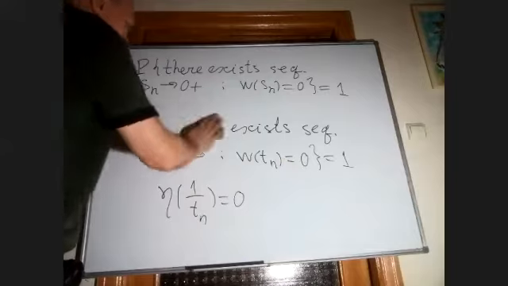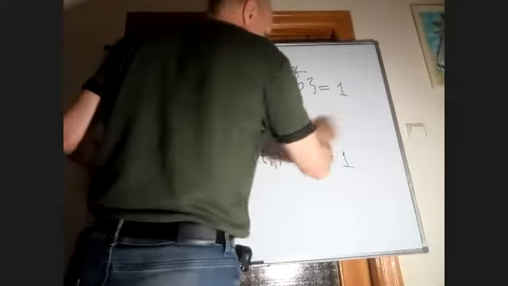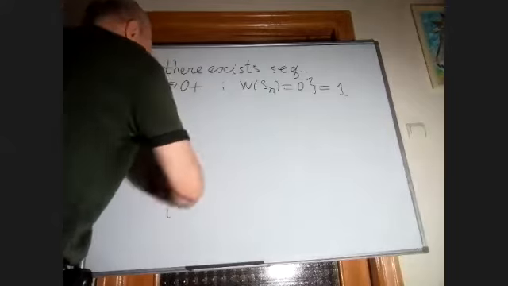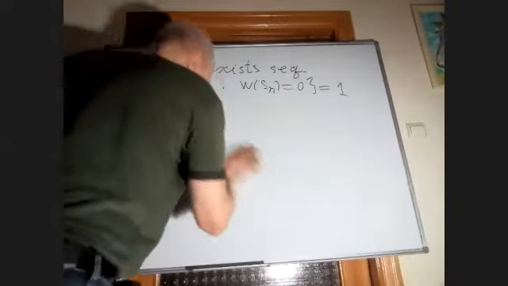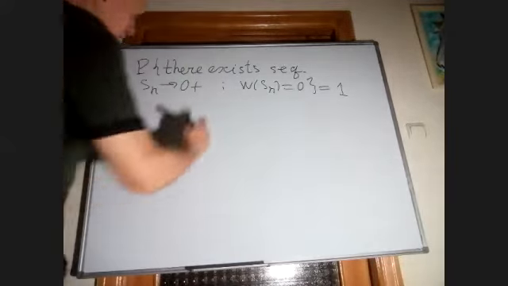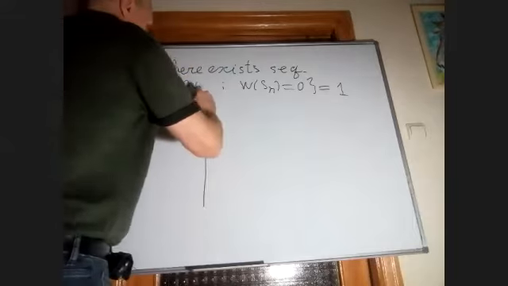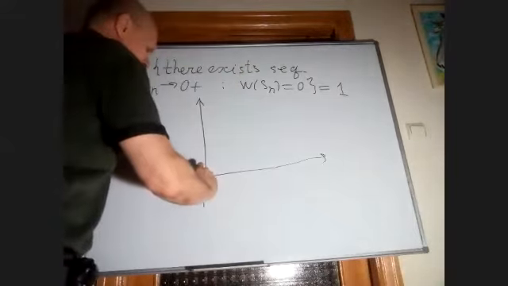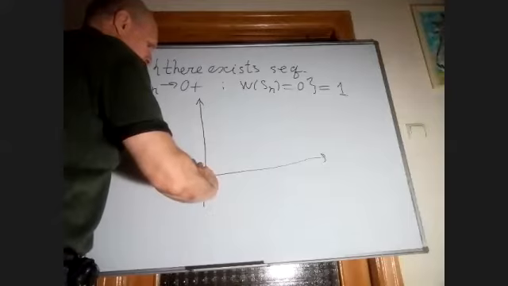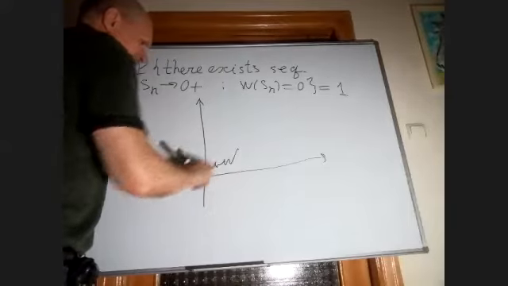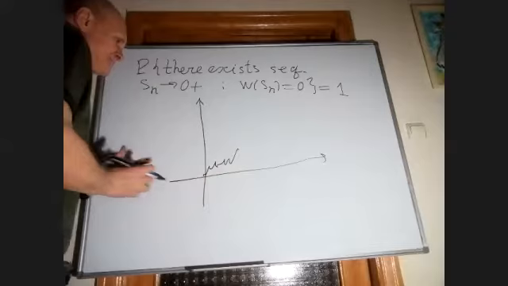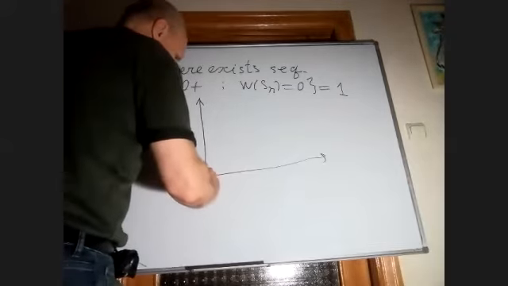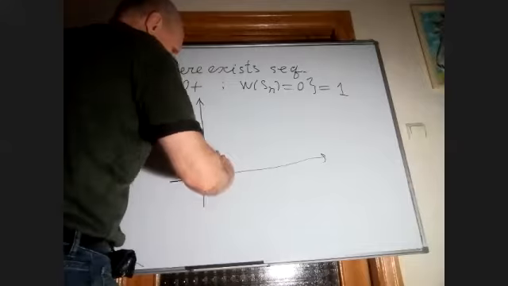Let me try now to draw a picture. We just consider a one-dimensional Wiener process, and it occurs that the picture cannot be as follows. We must have a lot of roots near 0.